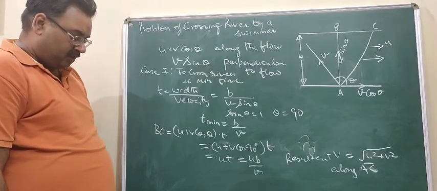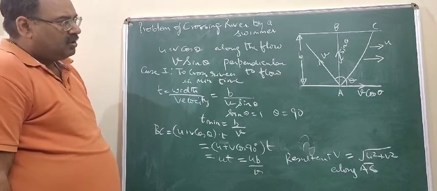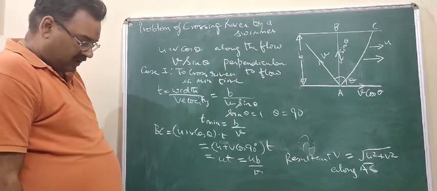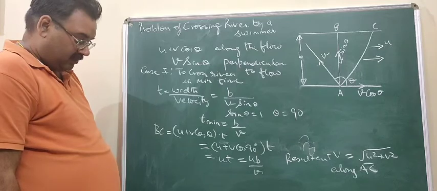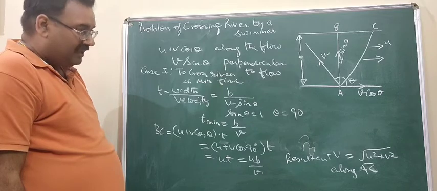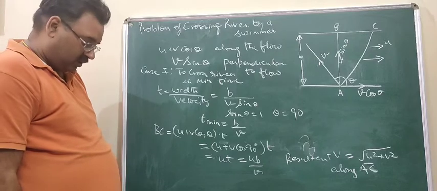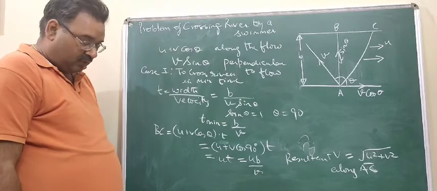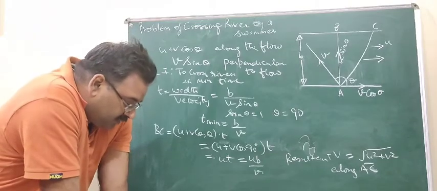Next we have the problem of crossing a river by a swimmer. So we have a river here AB of width B, and a swimmer has to cross this river from A to B. Let the speed of swimmer be v in still water, and u be the speed of the flow of the river.